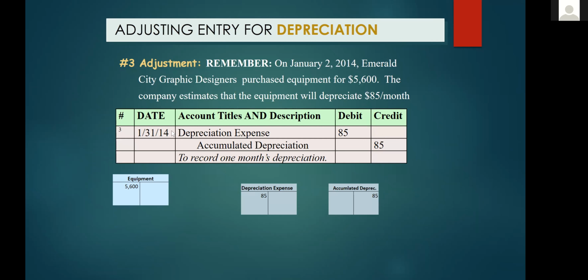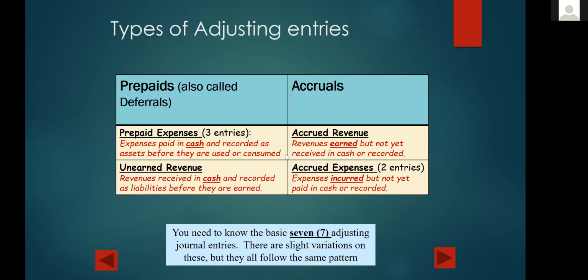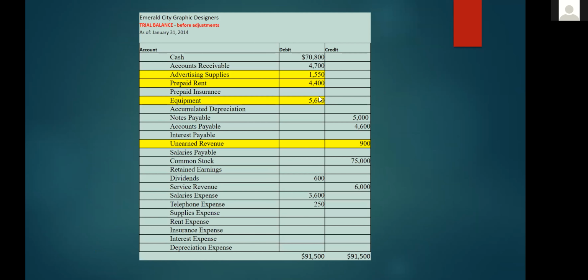So we use this depreciation expense account. That'll show up on the income statement. But the accumulated depreciation account will be paired like a twin with the equipment account. So let's look at this. I showed you way back here the equipment account and I said, here's accumulated depreciation.